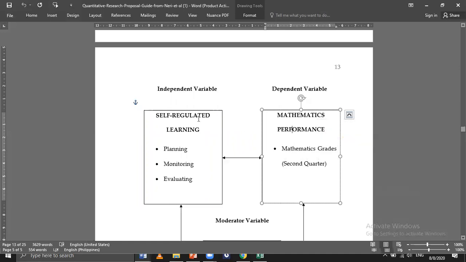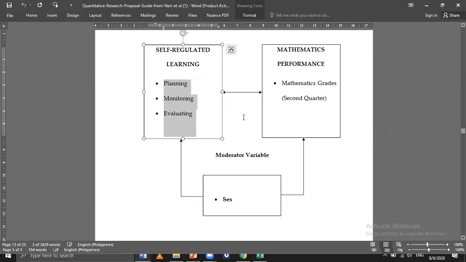Again, self-regulated learning, indicators: planning, monitoring, and evaluating. While in the mathematics performance, your indicator so that you can measure is the mathematics grades.